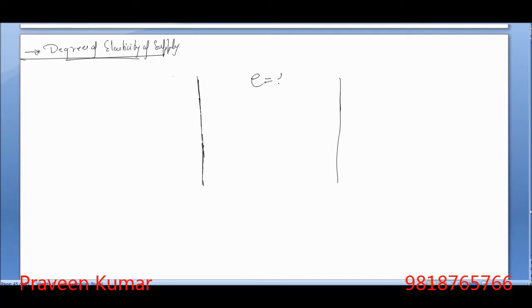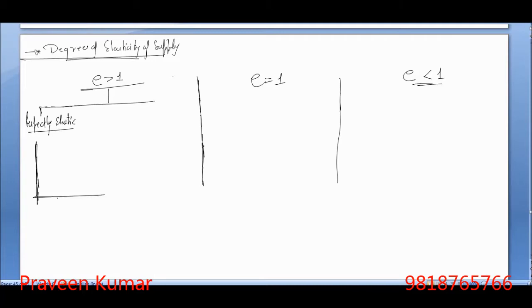Here elasticity equals 1, here elasticity less than 1, and here elasticity greater than 1. And we can have two different things over here. One is perfectly elastic supply. In case of perfectly elastic supply, the supply curve would be horizontal to the x-axis.